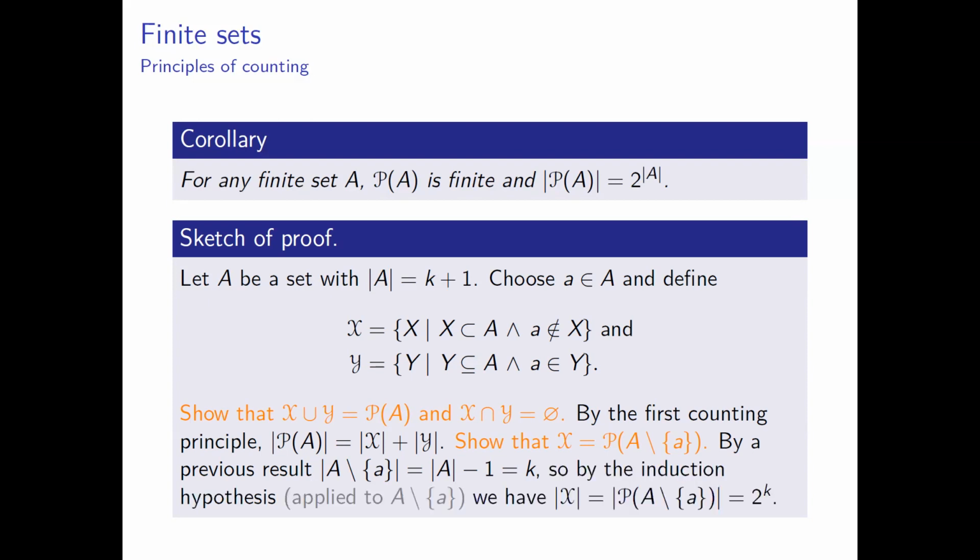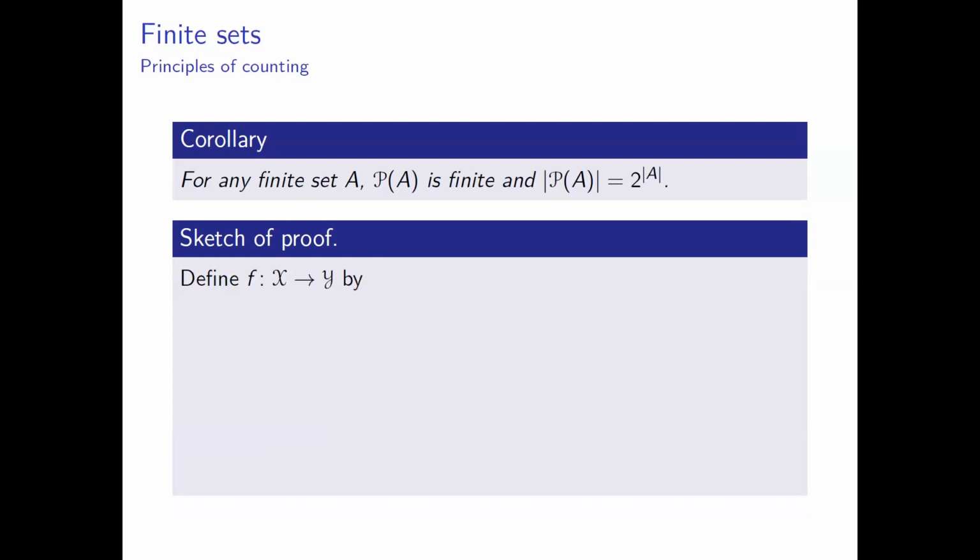So by the induction hypothesis applied to the set A minus the singleton with element small a, the power set of A minus the singleton with element small a has cardinality equal to 2 raised to k. Thus, the cardinality of curly X is equal to 2 raised to k. Define the map F from curly X to curly Y as follows.